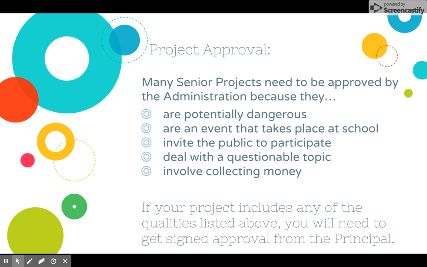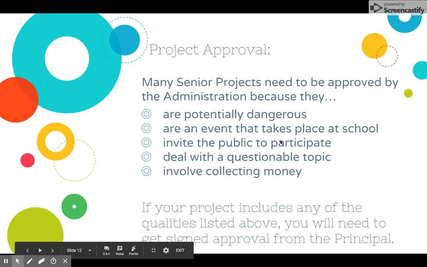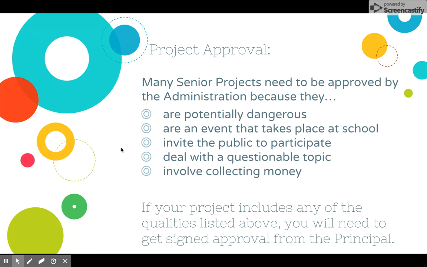So if your project has any of these aspects to it, right? If it's potentially dangerous, it deals with a questionable topic, whatever, you are going to need to get signed approval from the building principal. And so if you need to do that, just go to the main office, talk to the principal secretary, ask very nicely and politely if there is a time that you can set up a meeting with the principal to go over your senior project.